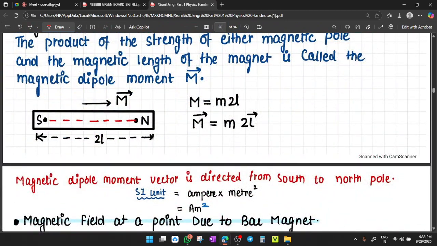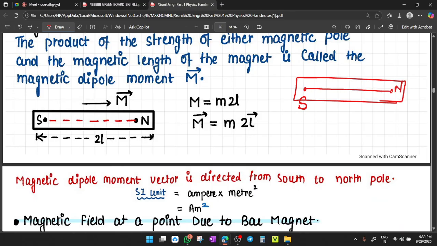Now here the magnet is just opposite to what I have shown you. Here it is south, here it is north.